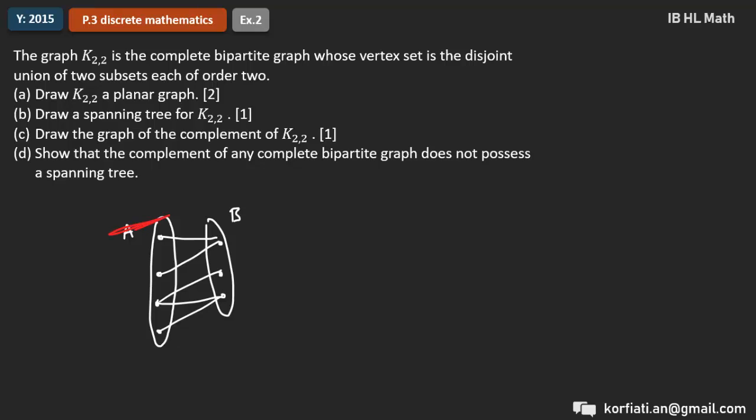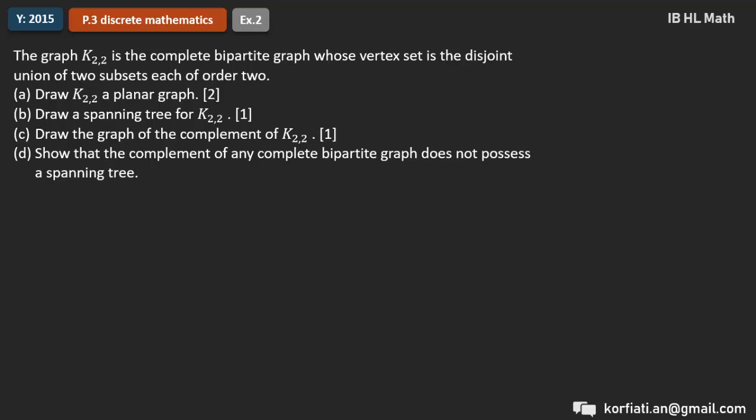When we're talking about a complete bipartite graph, such as K2,2, we have two vertices in the one set, two vertices in the other, and we draw all the possible edges, as long as the graph, of course, remains simple and bipartite.